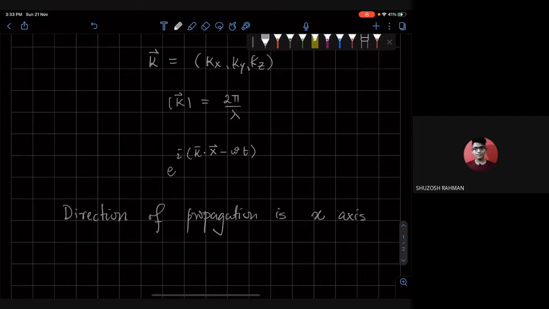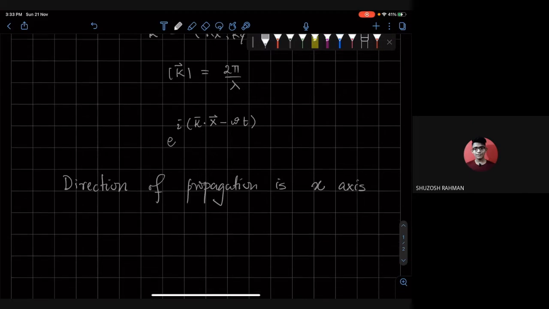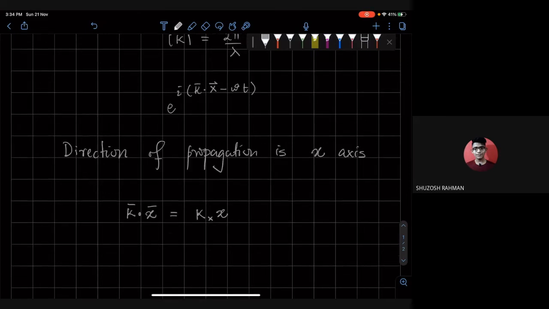We can always do that if it's a plane wave, because we are always free to choose our coordinate system. In that case, k dot x is going to be just kx x, okay? Because in that case, all the other components would be 0.